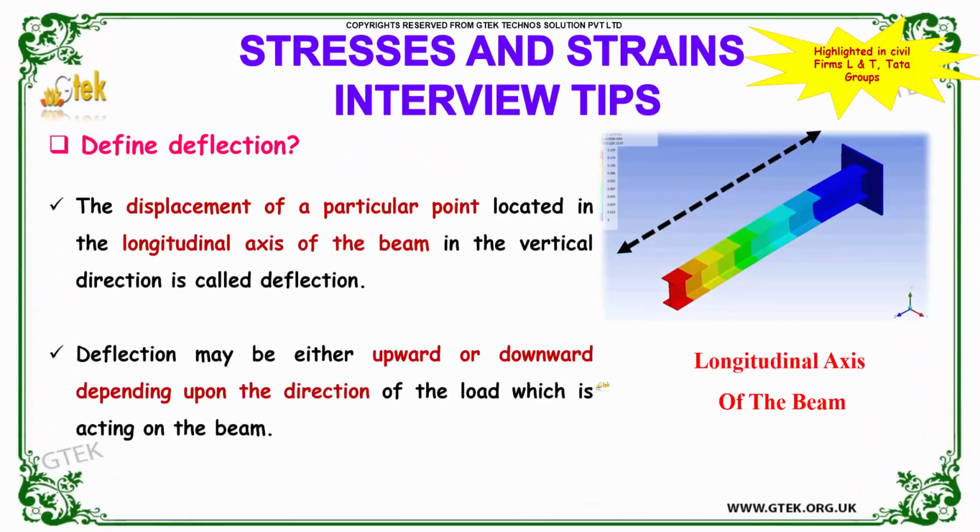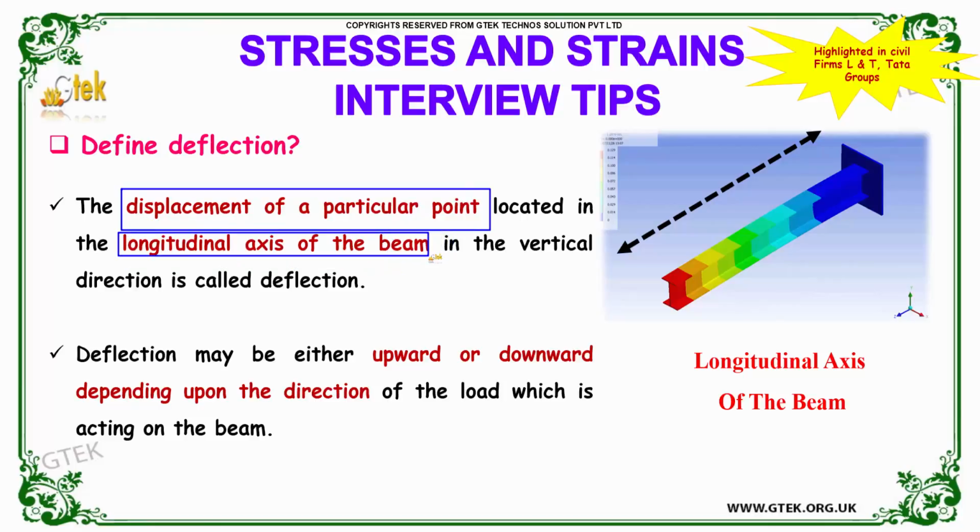Our next question is, what is deflection? The answer is, displacement of a particular point located in the longitudinal axis of the beam in vertical direction is called your deflection.